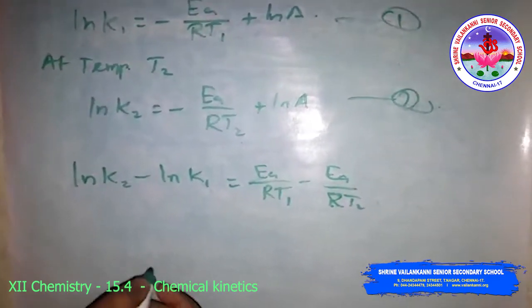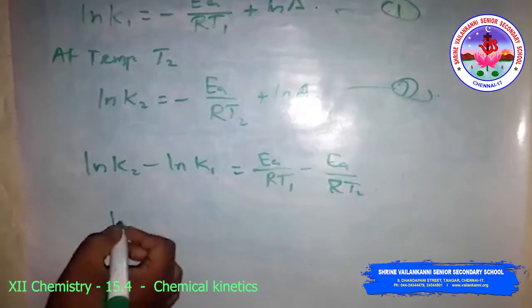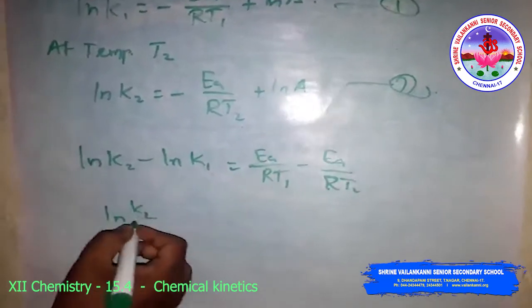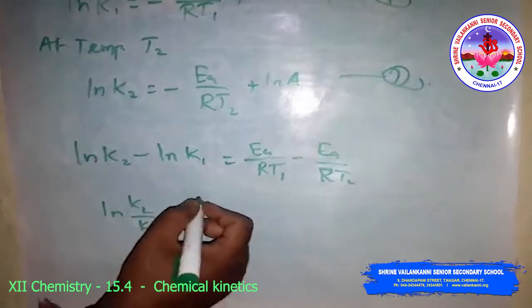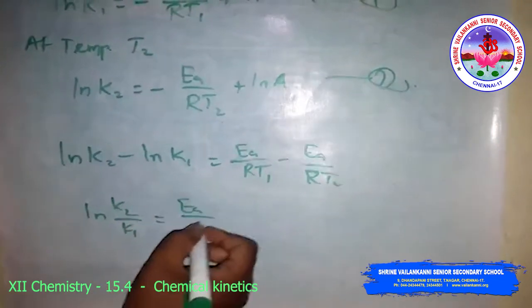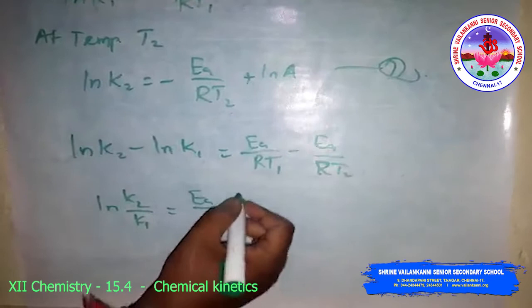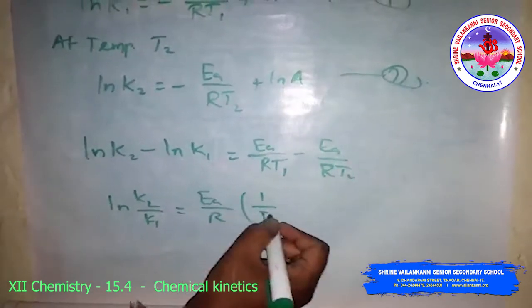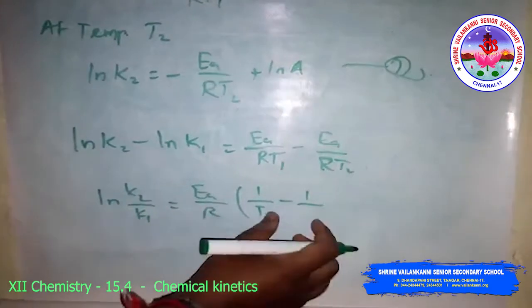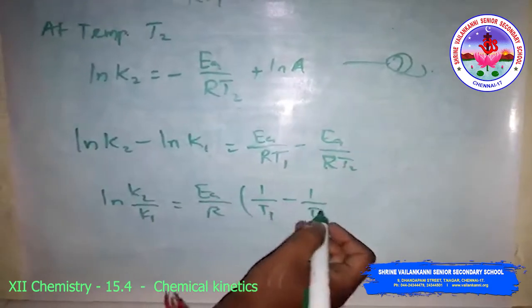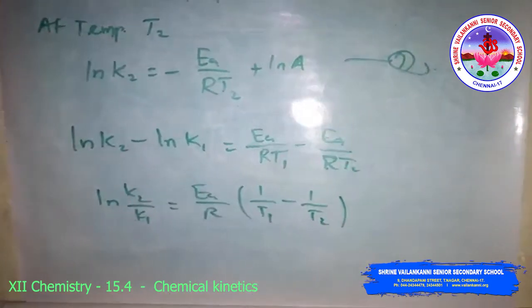Further simplifying, ln K2 by K1 is equal to Ea by R into 1 divided by T1 minus 1 divided by T2.